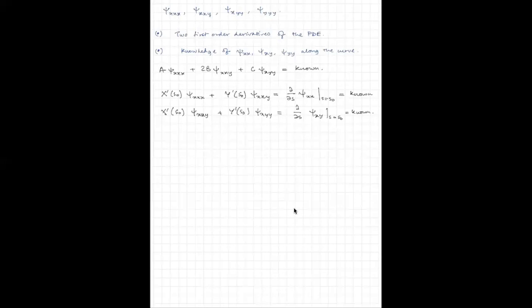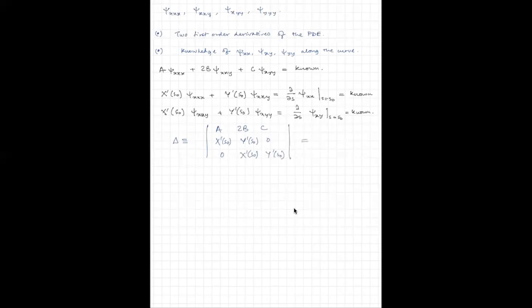Now with these three equations taken together, you can solve this provided again you have this delta, which is again a, 2b, c, x prime s naught, y prime s naught, 0, 0, x prime s naught, y prime s naught.